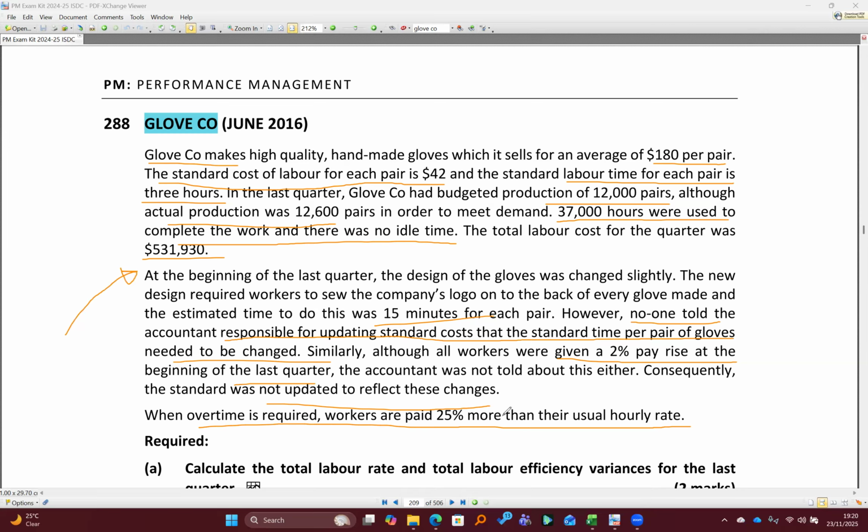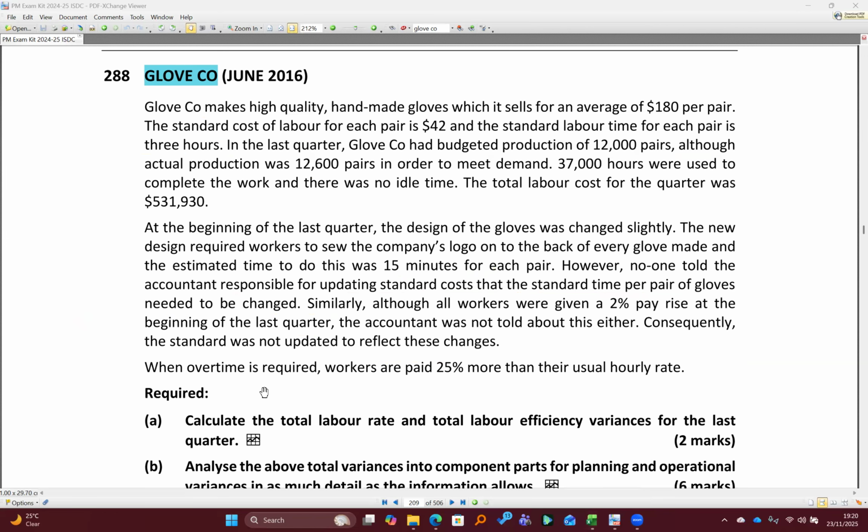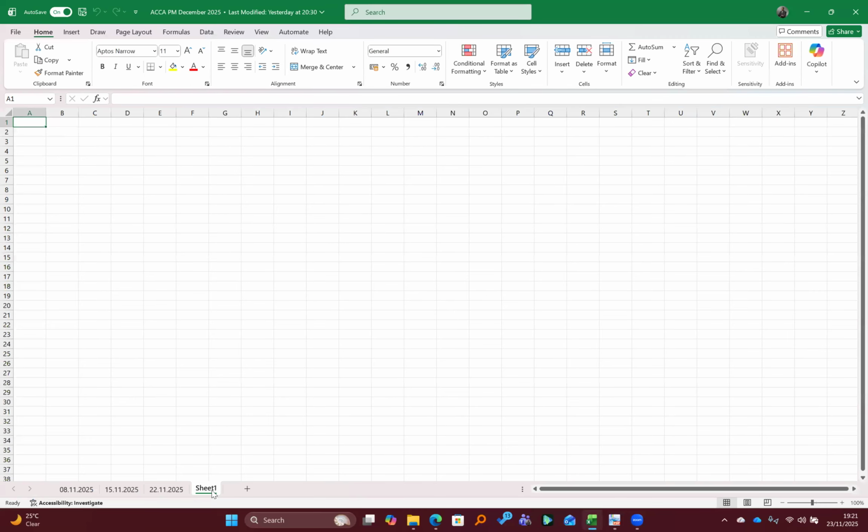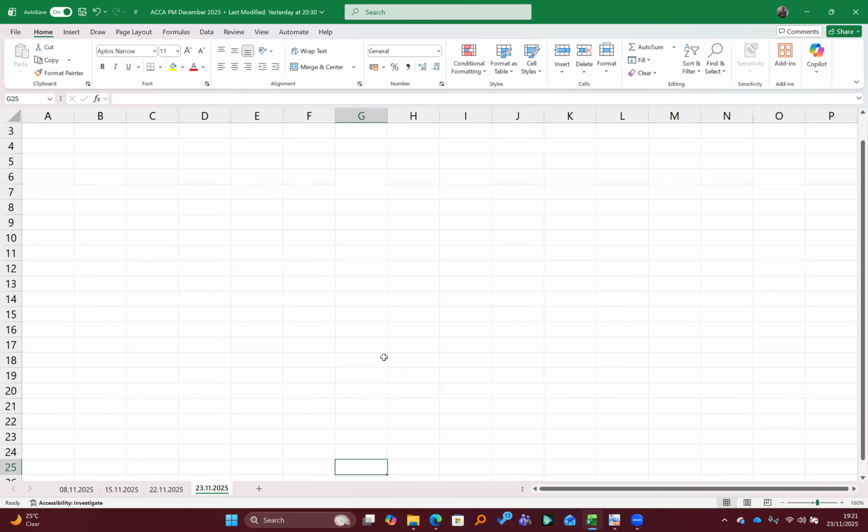Now, if we extract all of the data which is in the table, we're looking at Glove Core.